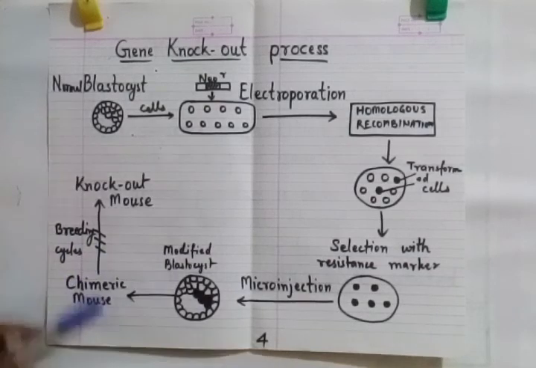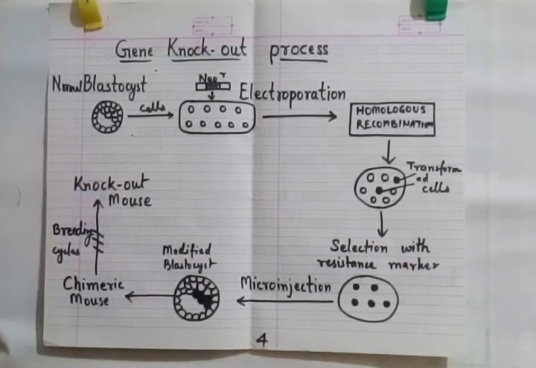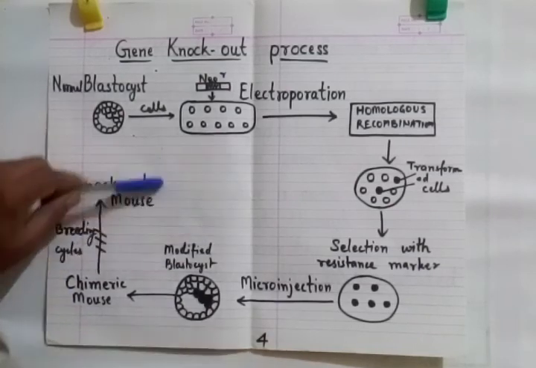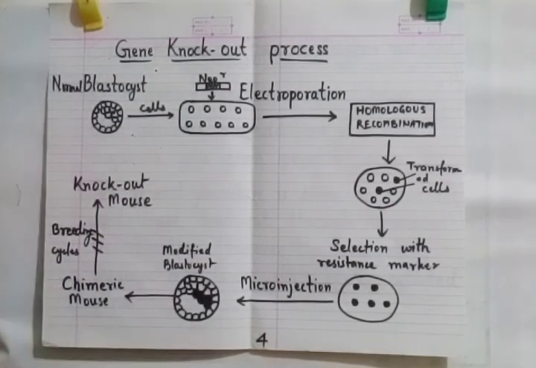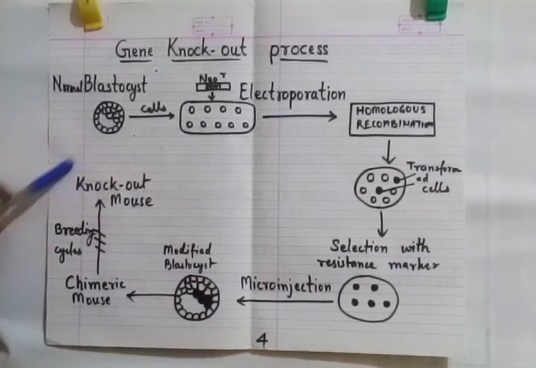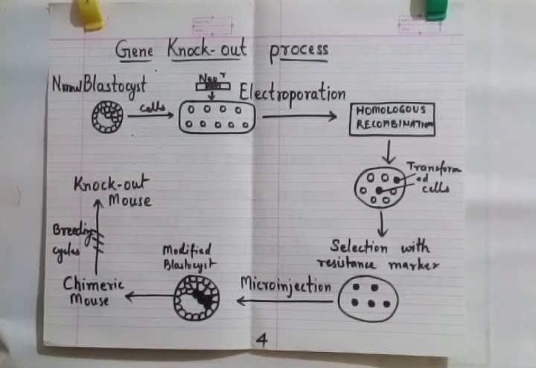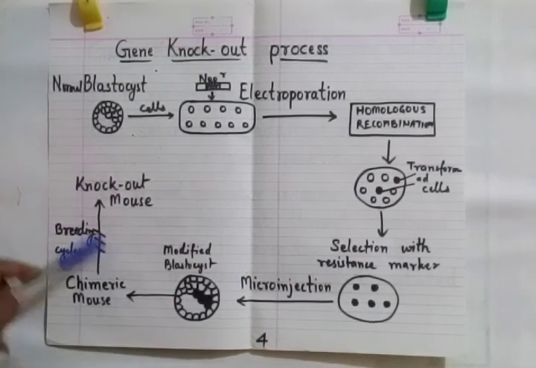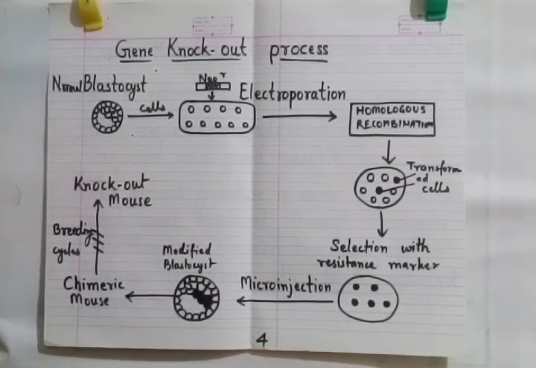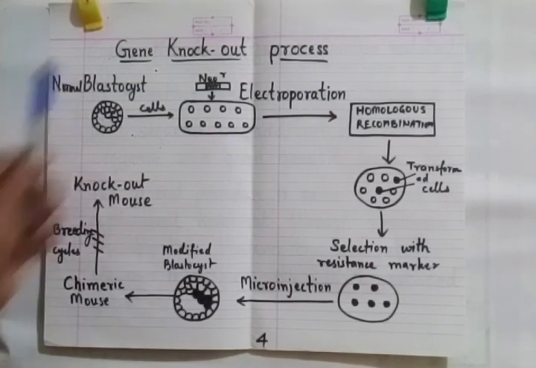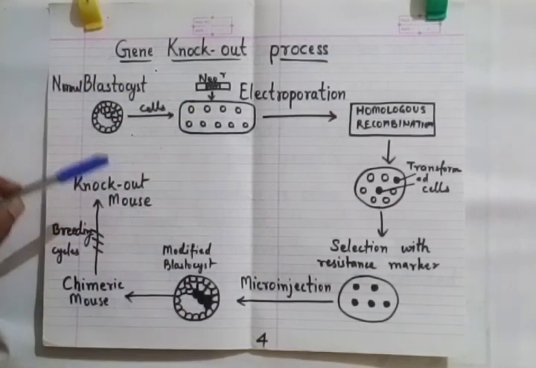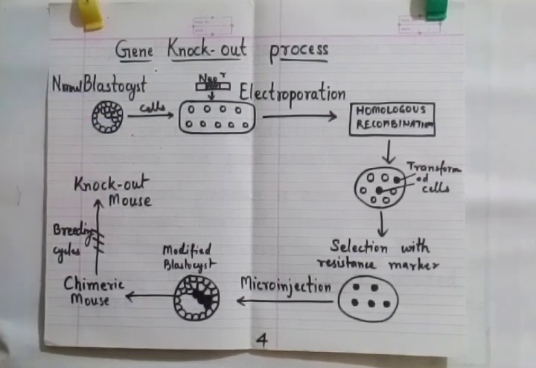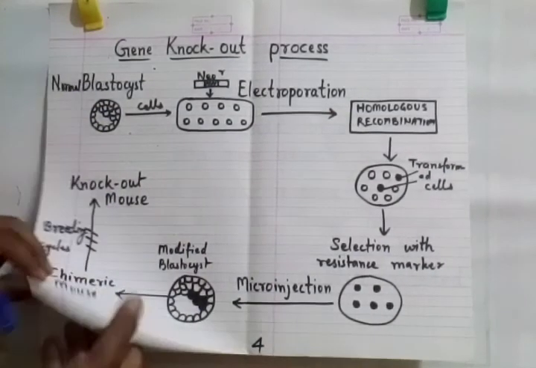So this will not result in one or two generations. It will take multiple breeding cycles, and then finally you will get a mouse in which the original gene is not present in any cell of that mouse. That is why we call that a knockout mouse. And I am representing here with 3 dashed lines, means it is multiple breeding cycles. Okay, so finally at the end of the process we will get a mouse in which the original gene is not there, or it is totally knocked out.